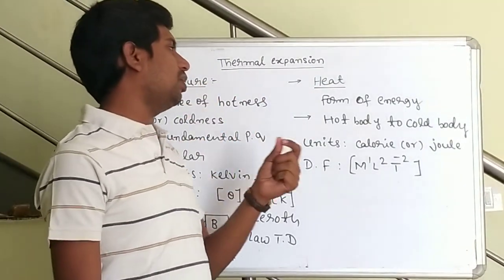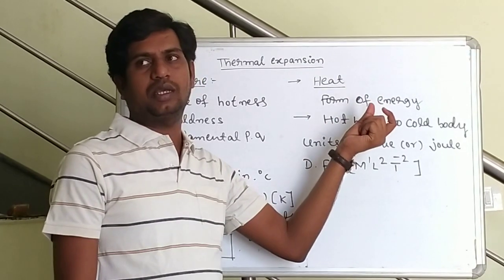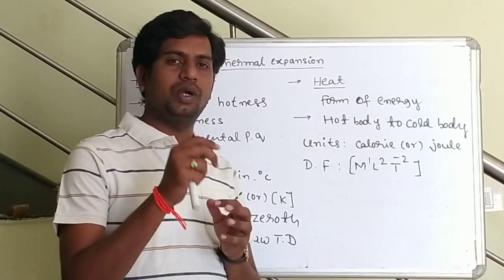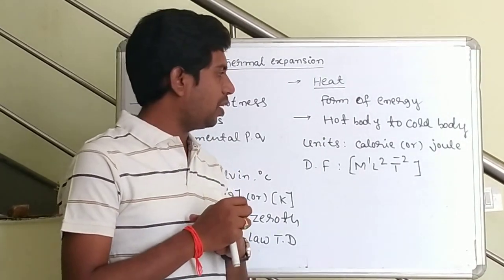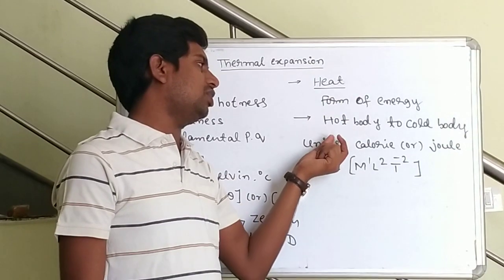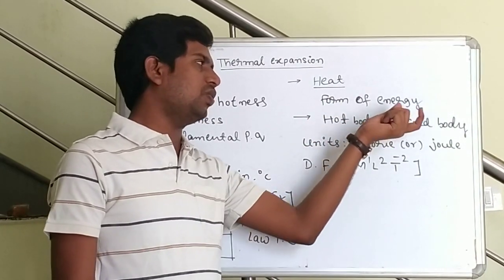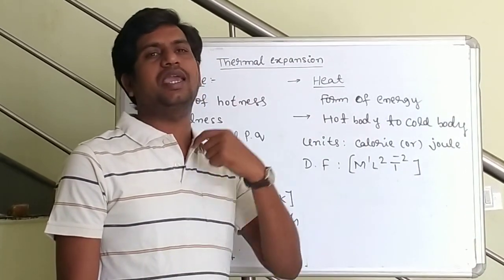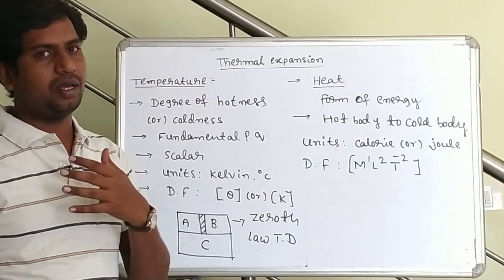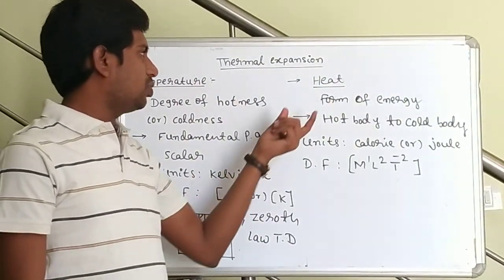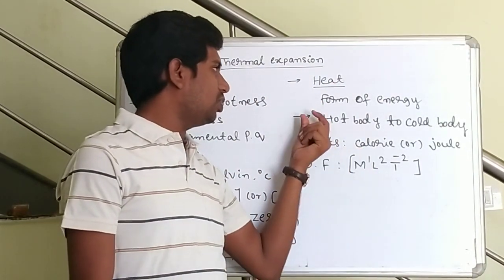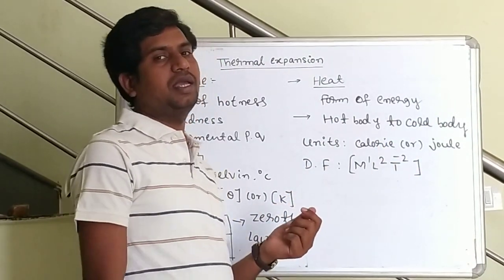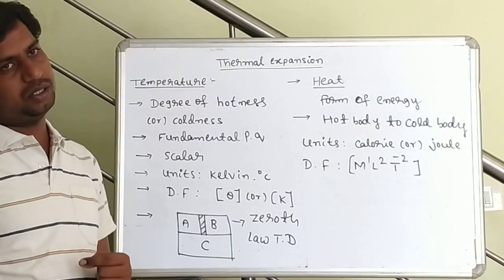Heat is the form of energy which is exchanged between two bodies due to temperature difference, and heat energy always flows from the hot body to the cold body, that is, from the body at higher temperature to the body at lower temperature. As this is a form of energy, the units of heat are calorie and joule. Its dimensional formula is M1 L2 T minus 2.